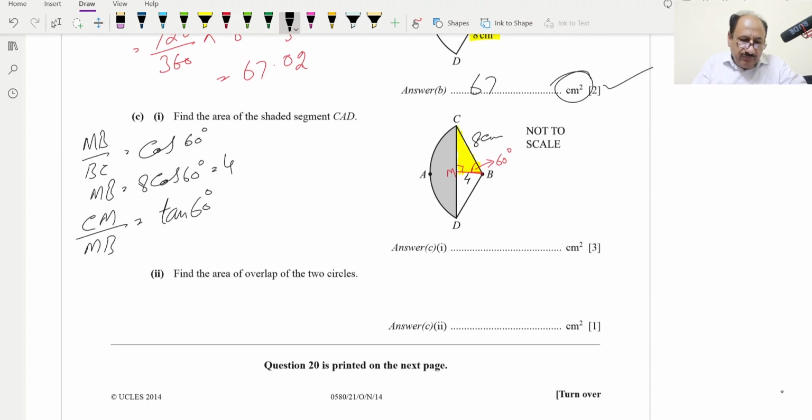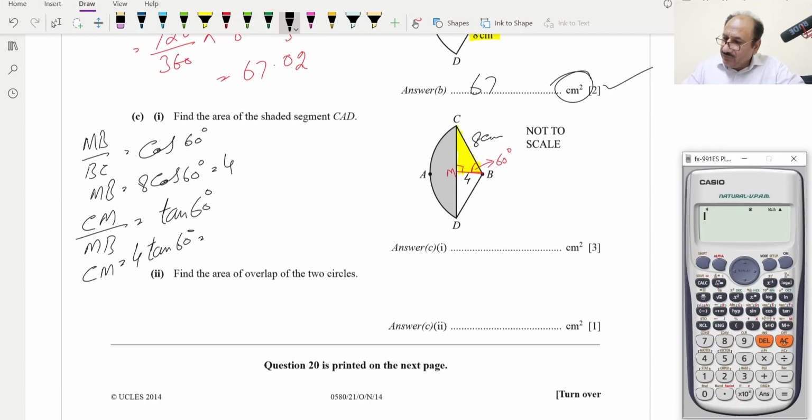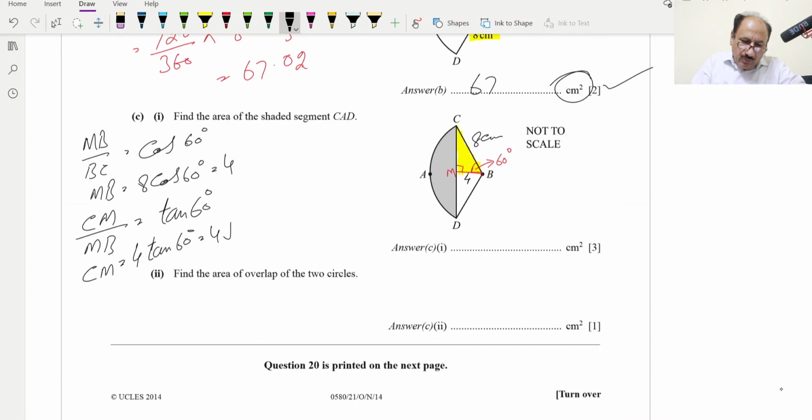By trigonometry we are solving this, so CM will be equal to MB, which we just now calculated, 4 tan of 60 degree, and 4 tan of 60 degree will be equal to 4 under root 3. So 4 under root 3, we got CM value.